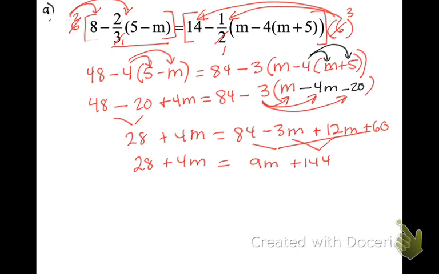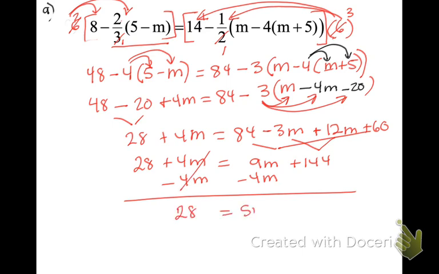Now, remember we're moving our m's to keep them positive. So I'm going to subtract 4m, get all the m's to one side. 28 equals 5m plus 144. I'm subtracting my constant terms, moving it to the left. Be careful, 144 minus 28. Let's see, that's 14 minus 8 is 6.